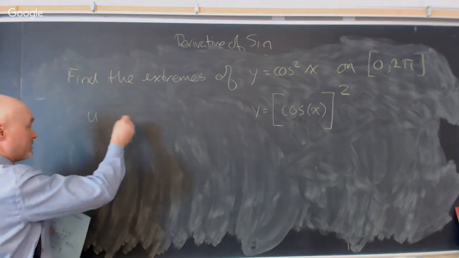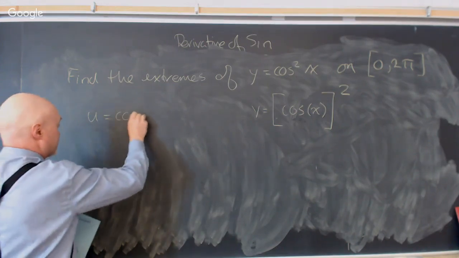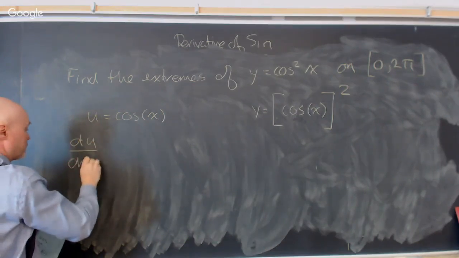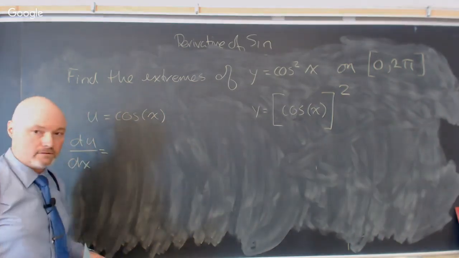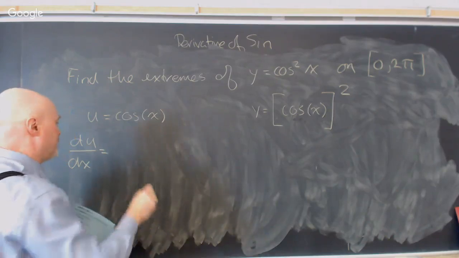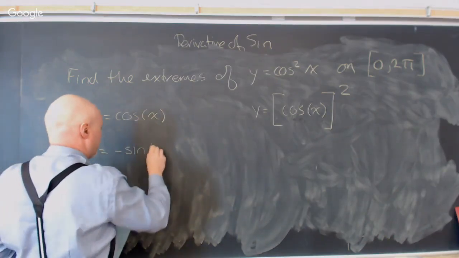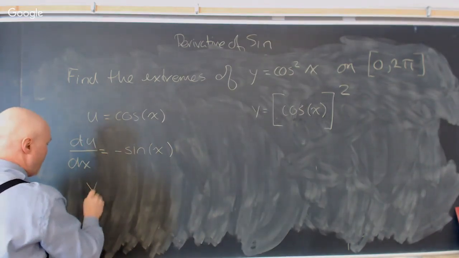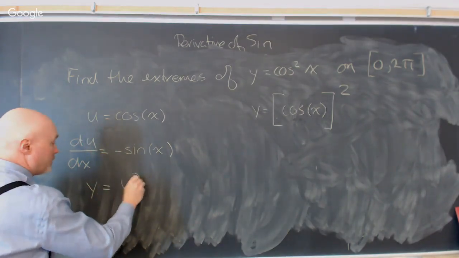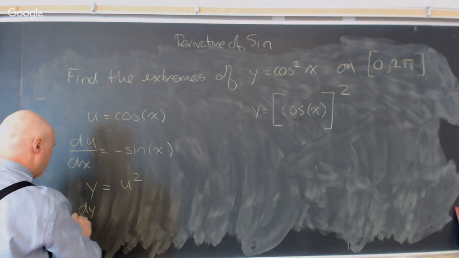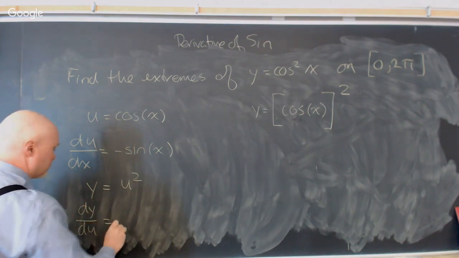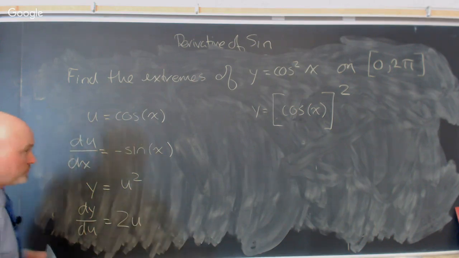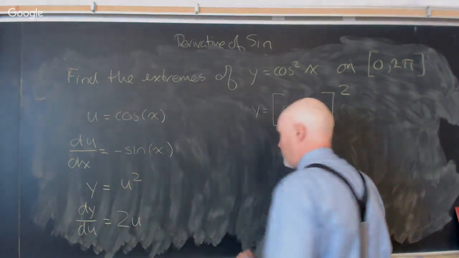So I'm going to take my inside function. It's equal to cosine of x. Take my derivative of the inside with respect to x, and what is it? It is negative sine x. Okay, y is equal to u squared. So dy/du is equal to 2u. All right.